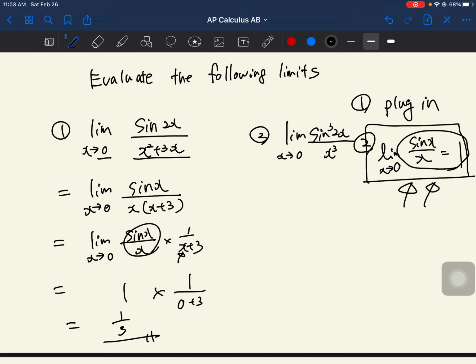That's it. Okay, then let's work on one more question, maybe 2 more questions. So this one looks a little bit tricky, but like I mentioned, you can just plug in 0, but it seems like you can use this equation. So let me use it. Let me change the form of this one, like sine 2x over x times sine 2x over x times sine 2x over x, because this one is sine 2x cubed, so you can just separate it like this, and this one is cubed as well.